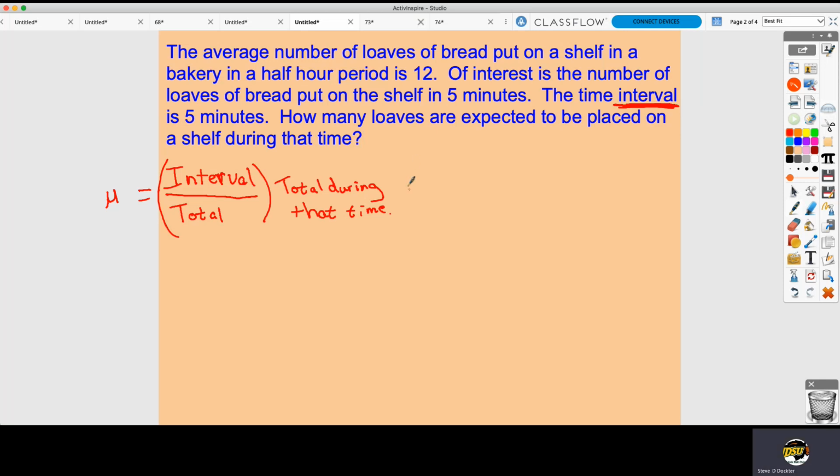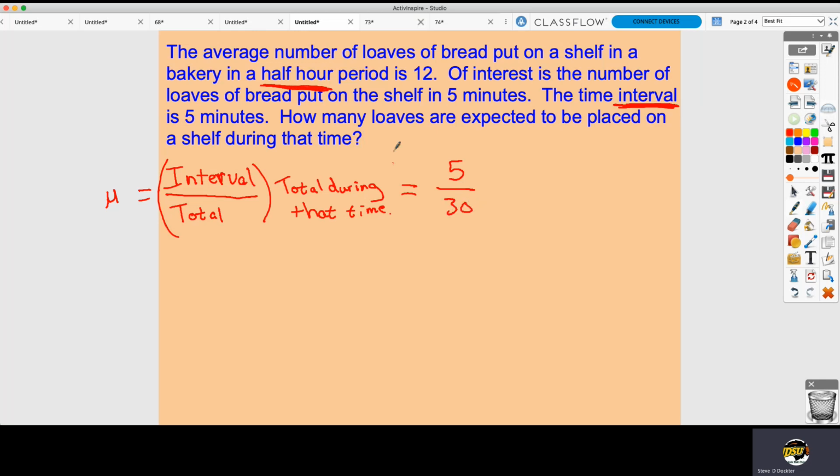All right, so our interval was how long? 5 minutes. So that's going to be our top number here. The bottom has to do with how long the total period is in this problem. 30 minutes, because it says half hour up here, right?